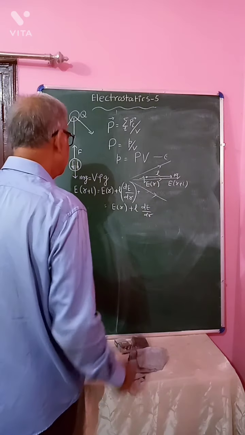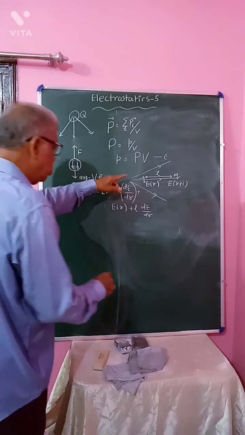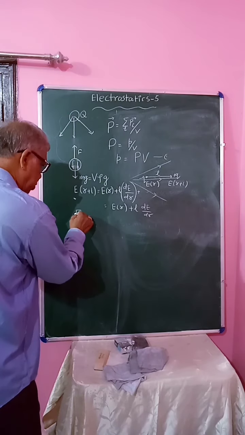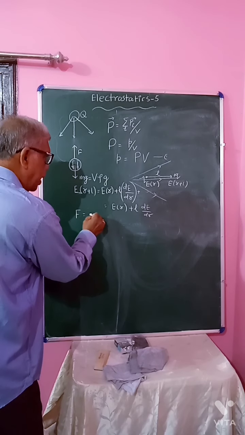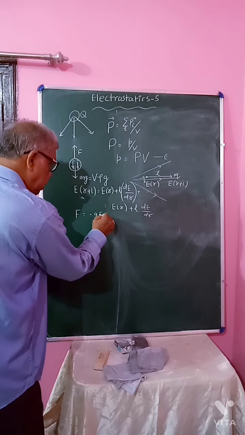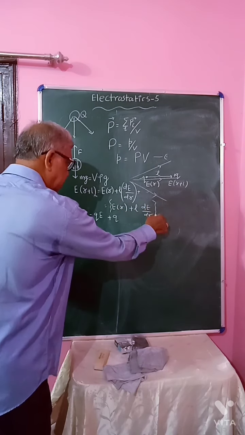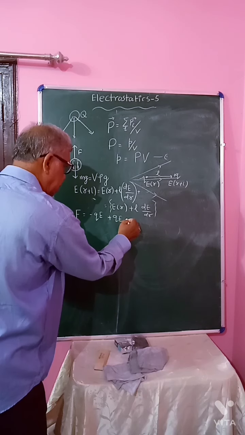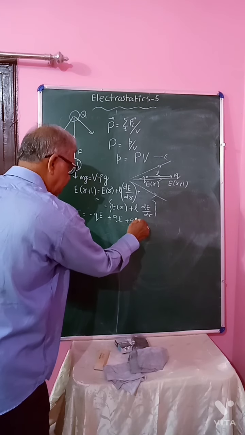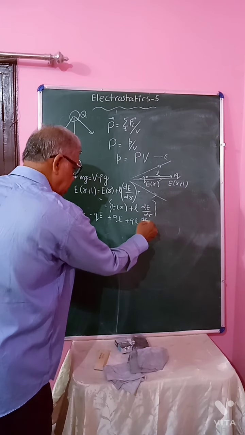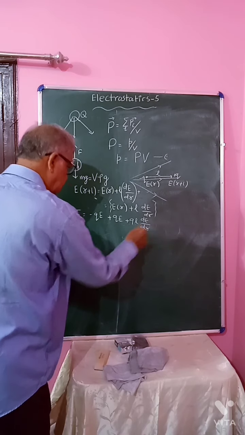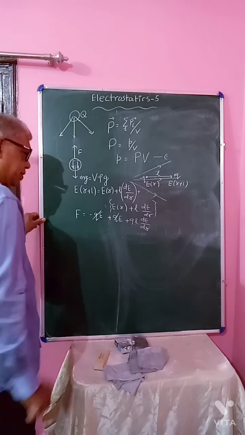As a result, the total force exerted on the dipole is equal to minus Q E plus Q multiplied by this factor, that is E plus L dE by dr. Now this gets cancelled.